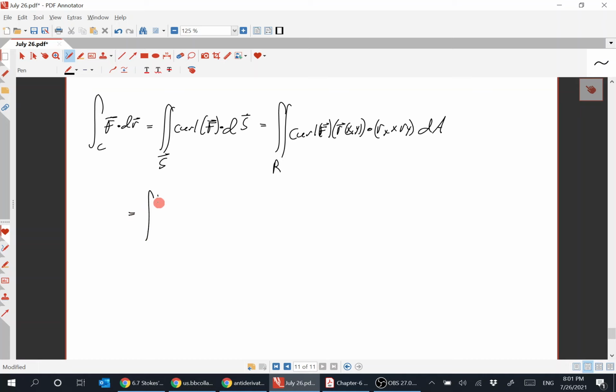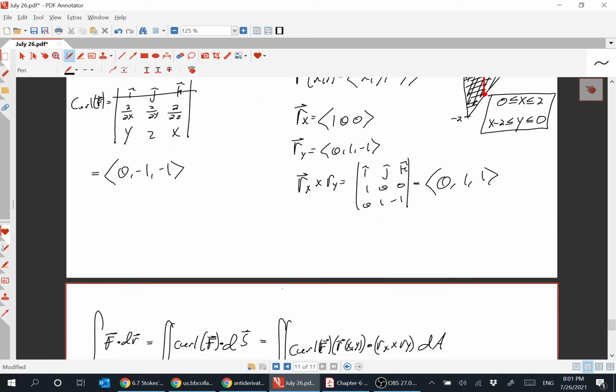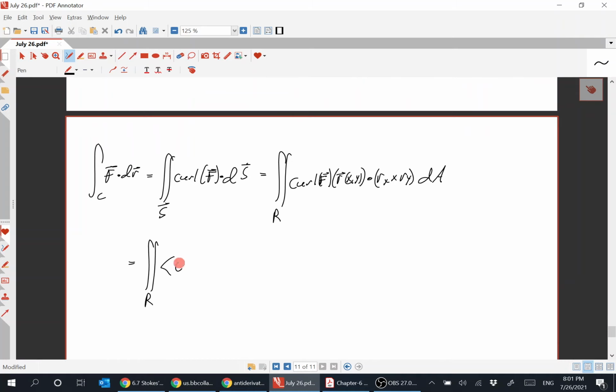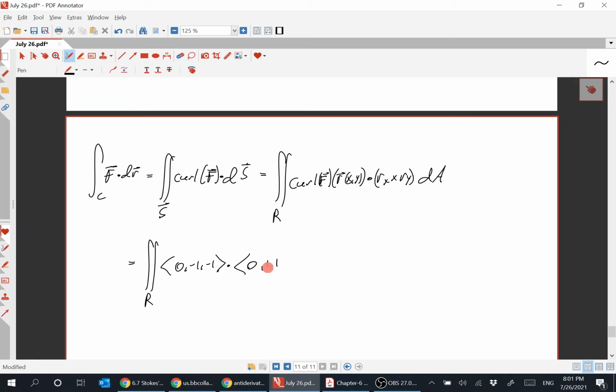So this is equal to the double integral over R, and these turned out to be just constant, right? It's 0, -1, -1, dot, and this last one was just 0, 1, 1, dA. Oh man, this is a constant, right?